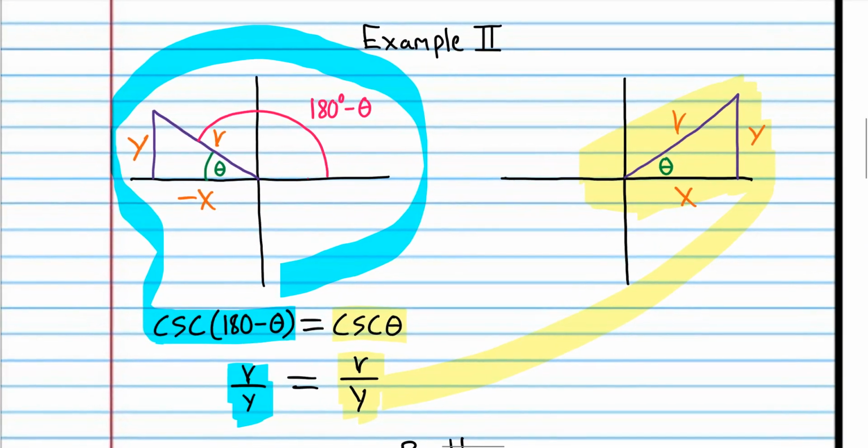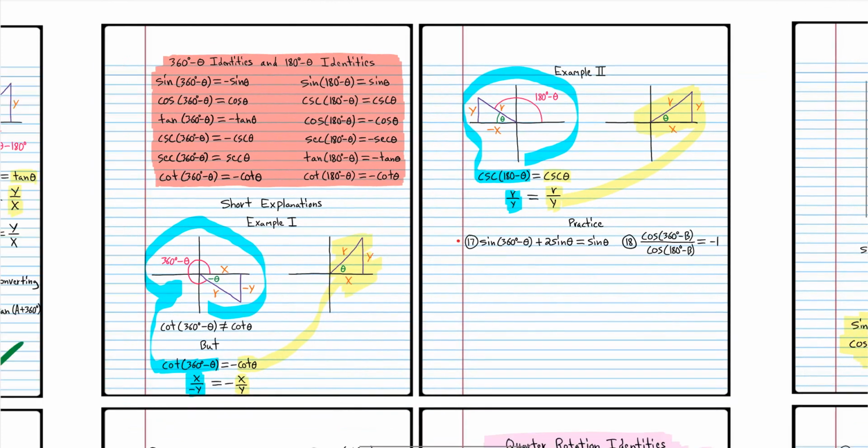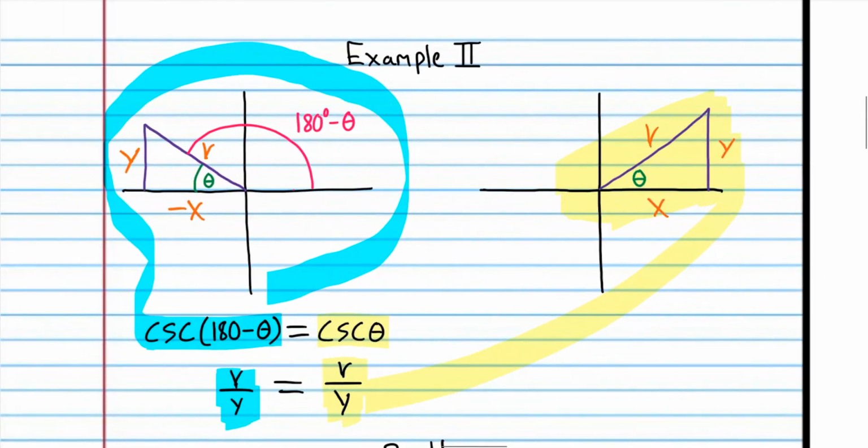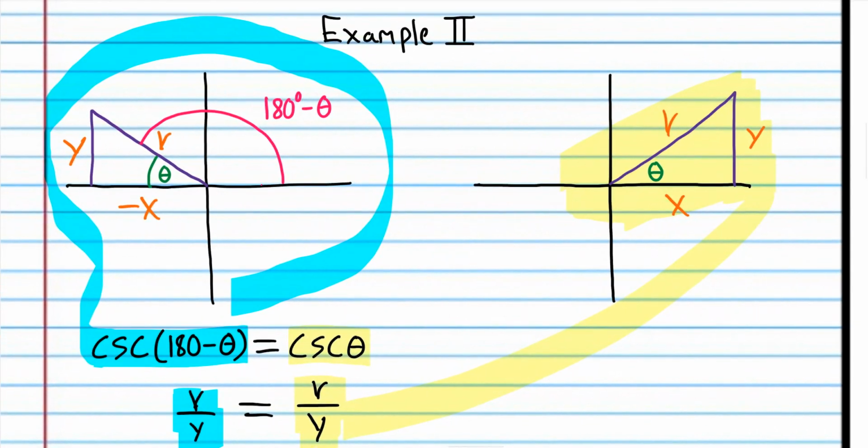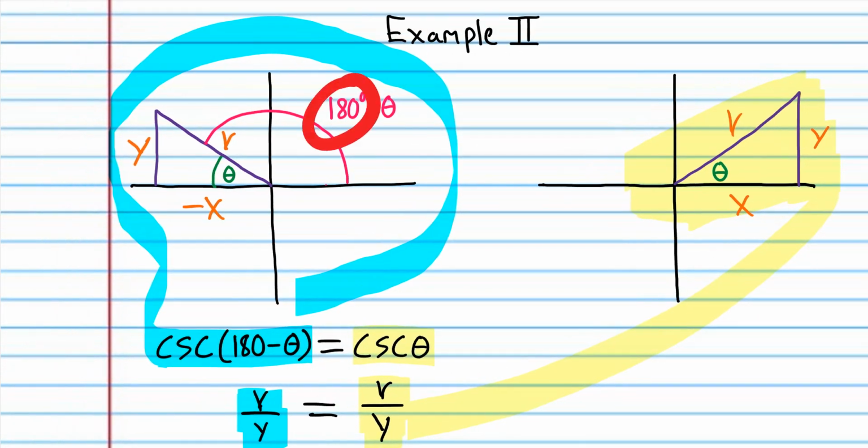Now, we have 180 minus theta also. So again, because the 180 comes first, you're going to rotate 180 degrees. Then you're going to subtract theta and go up this green theta, and you're going to end up here.